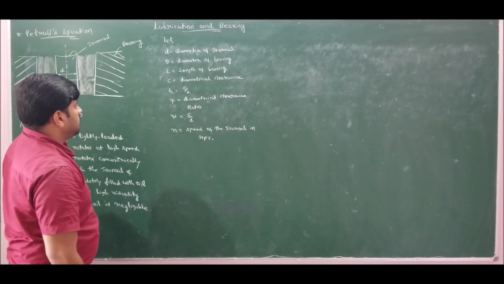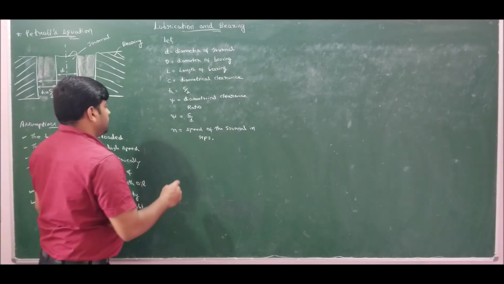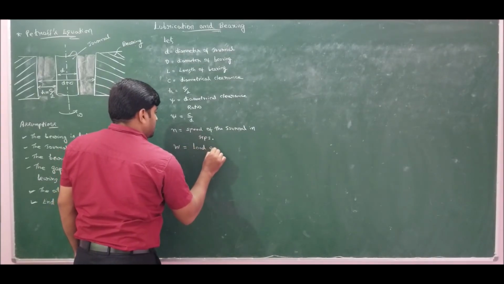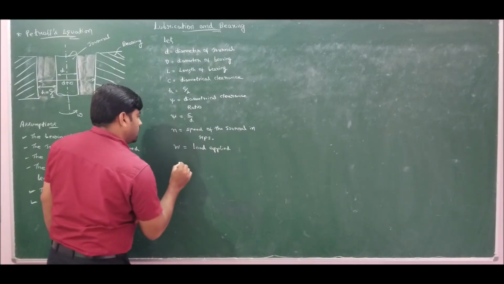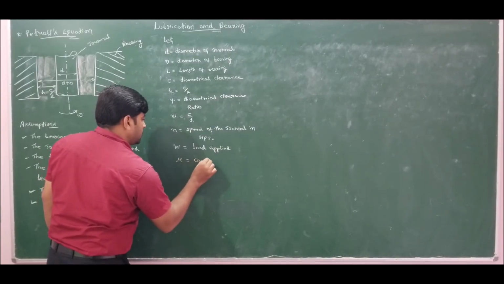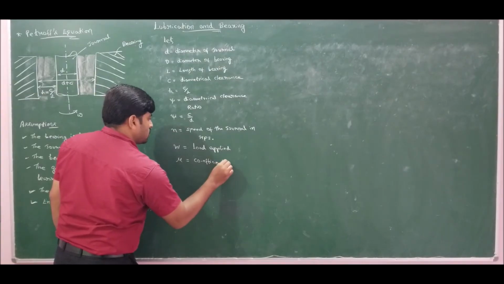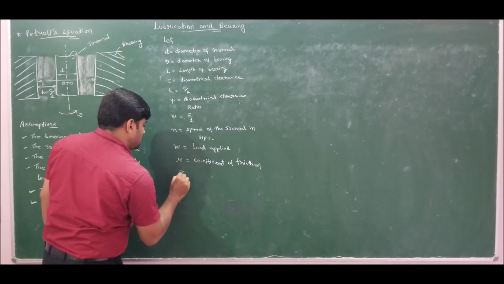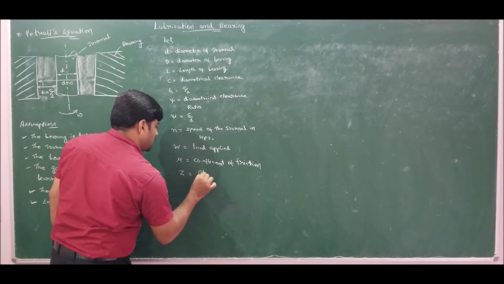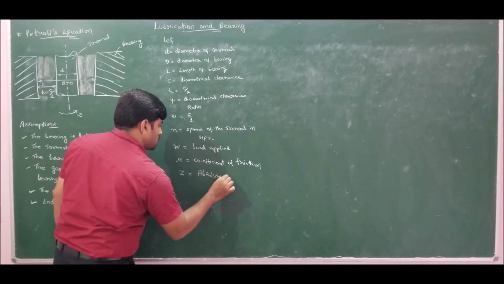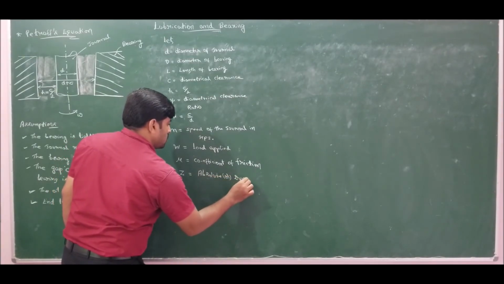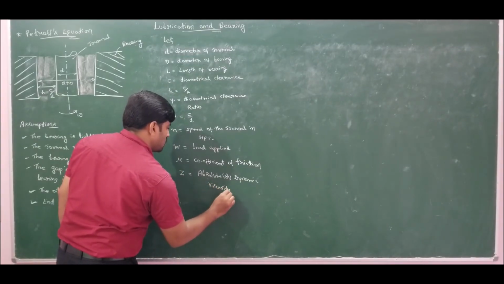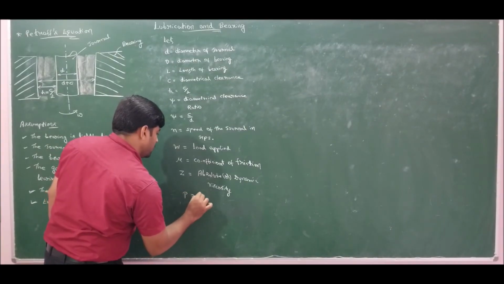Let us define the terms like this and let us have the notation for load as W. W is the load applied and mu is the coefficient of friction. And let us define Z as the absolute or dynamic viscosity, and P as the bearing pressure.